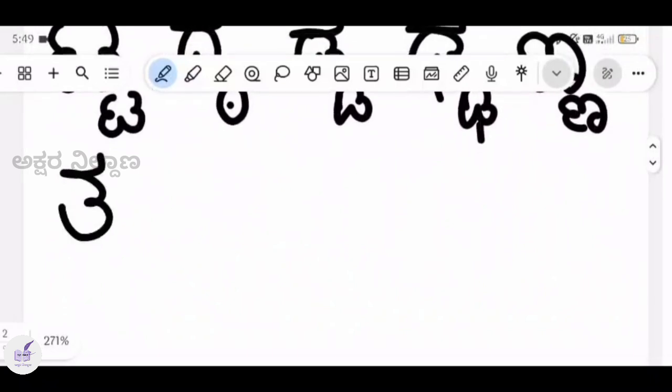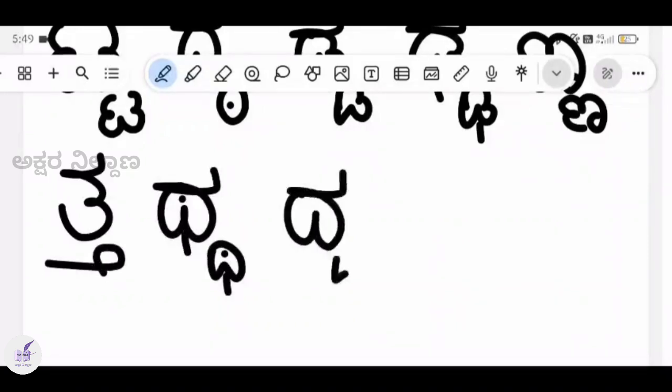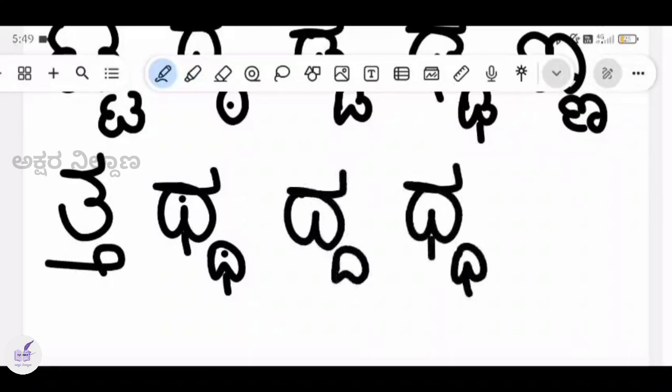Ta. See, this has a unique vattu. You should remember tage tavattu, thage thavattu, dage davattu, dhage dhavattu. Next letter is na.